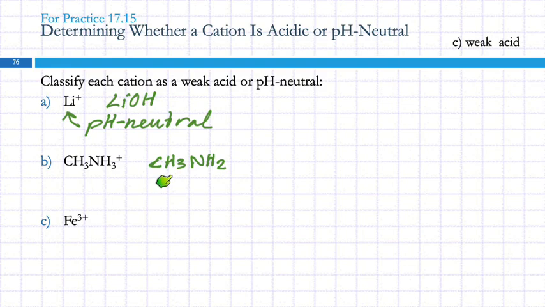Weak base or strong base? This is a weak base, right? All of those things with the nitrogen are weak bases. Is this going to act as an acid or be pH neutral? It's going to act as an acid. How about Fe3+? It's a small, highly charged metal. Therefore, Mrs. K said it will act as a weak acid.